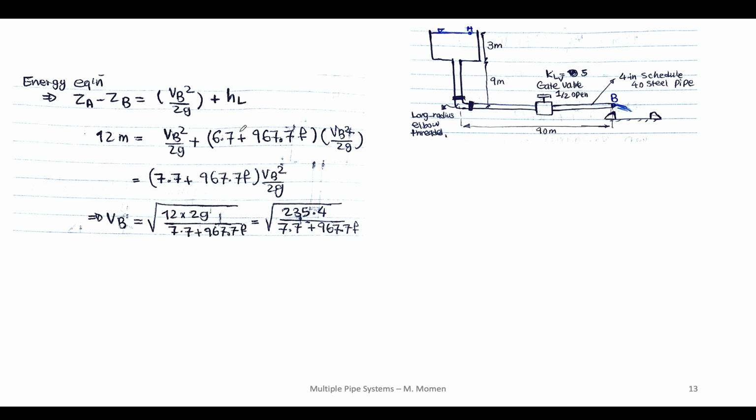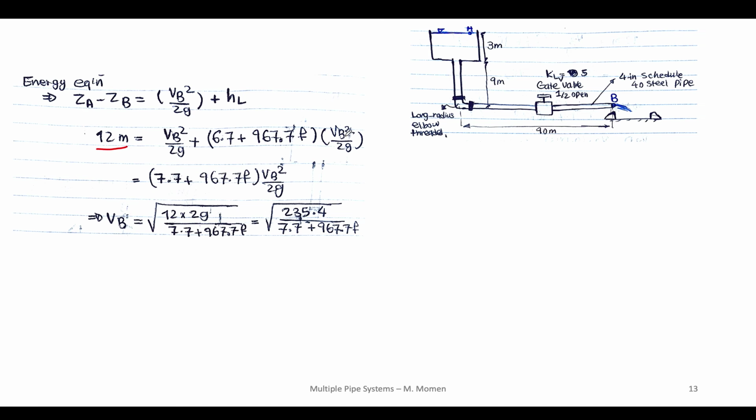So I'm going to get 6.7 plus 967.7 times F multiplied by VB square over 2G. And ZA minus ZB, as you can see, this is A. The elevation of A minus elevation of B is going to be 9 plus 3 is going to be 12 meter.